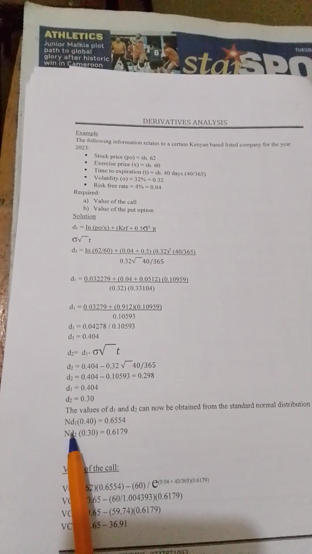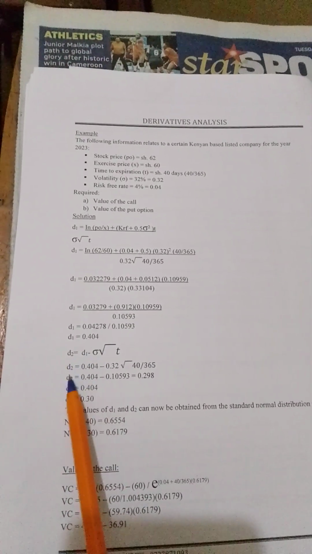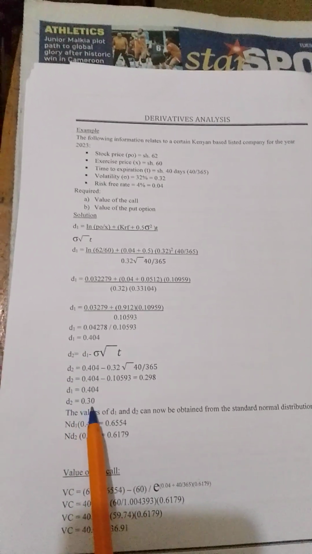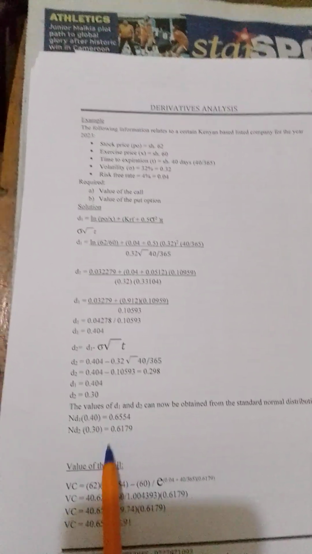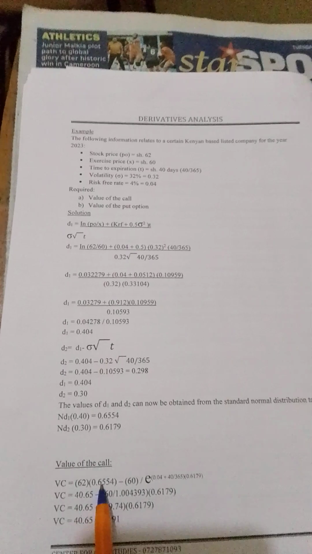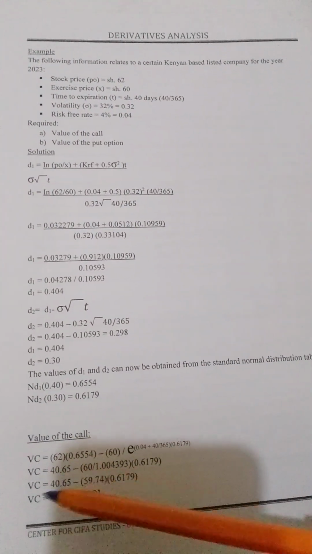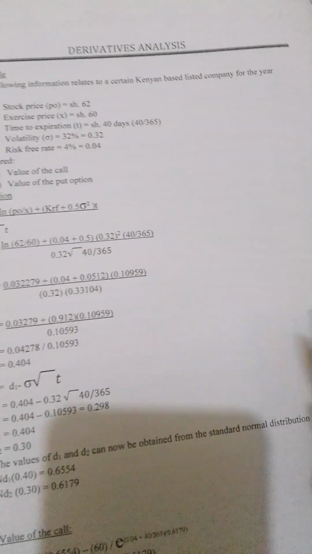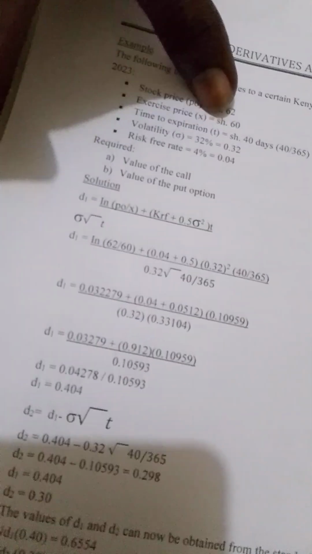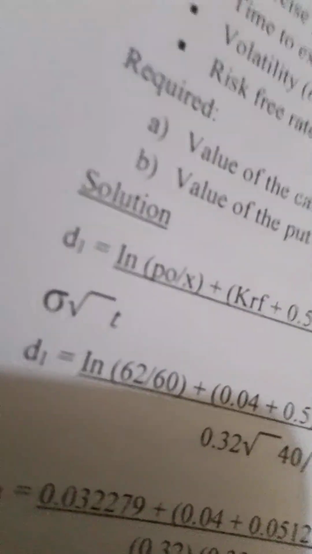Then ND2, you are getting it from the D2. We got D2 0.30. After reading that, you get 0.6179. Then for the value of the call option, you just need to substitute the numbers you have in your formula. And then the last part, even though we have not done that particular formula, I have shown you the formula.